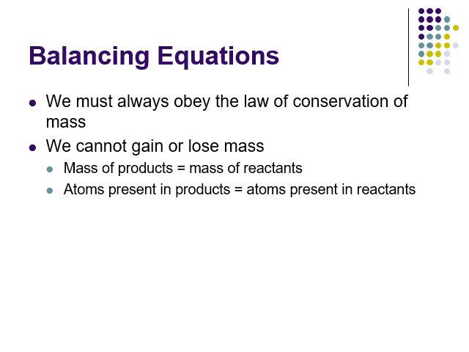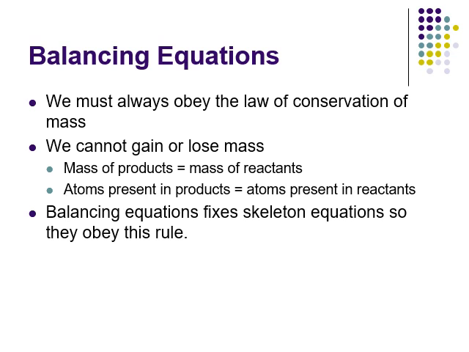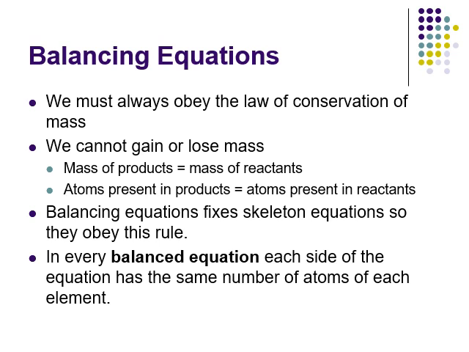But what it also means, so this is not replacing what we said before, it's adding to it, is that the atoms present in the products must be the same atoms present in the reactants. Because again, atoms do not change from one type to another during a chemical reaction. They just rearrange. And what we're going to see here is that balancing equations is going to fix skeleton equations so that they follow this rule.